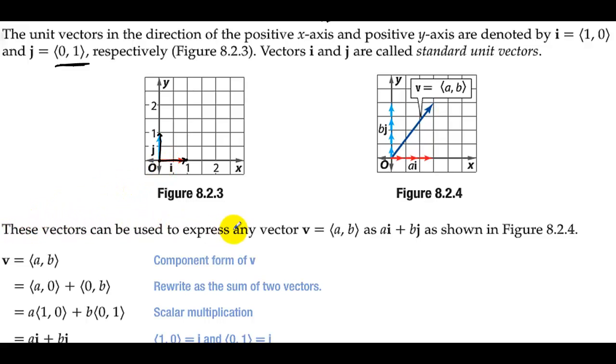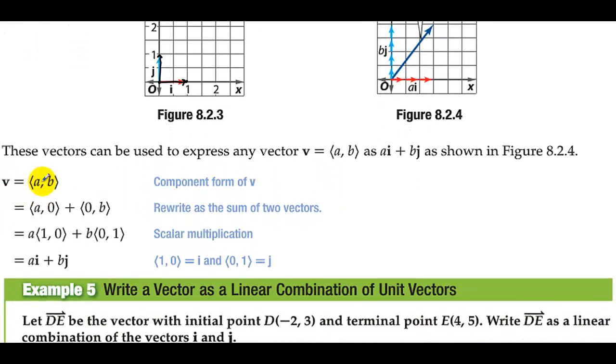So this vector has a length of 1, and it is going along the y-axis. These vectors can be used to express any vector v = ⟨a, b⟩ as ai plus bj, as shown in figure 8.2.4. Well, let's start out with a vector AB, and we can use actual numbers here. So let's say AB was 3, 4. We can write this as 3 times 1, 0 plus 4 times 0, 1. And let's do the vector operation to see why that's true. 3 times 1, 0 would be 3, 0.